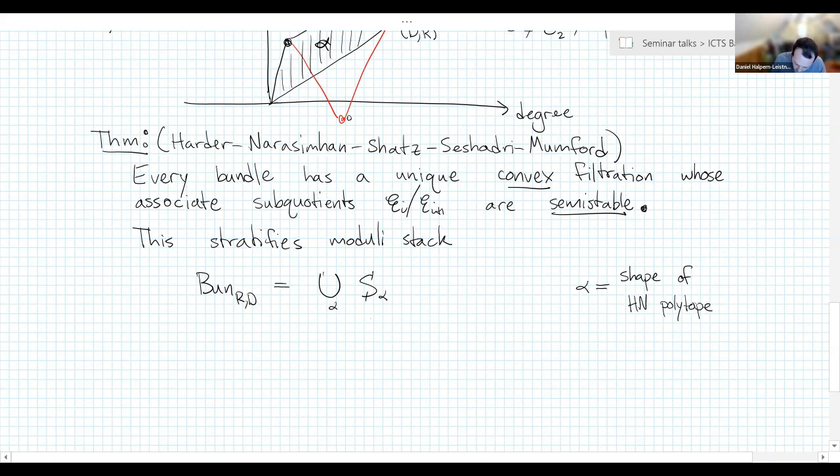And each of these strata all fiber over some moduli space of semi-stable bundles. So these are all bundles semi-stable of shape alpha. So this is the moduli of semi-stable graded bundles.